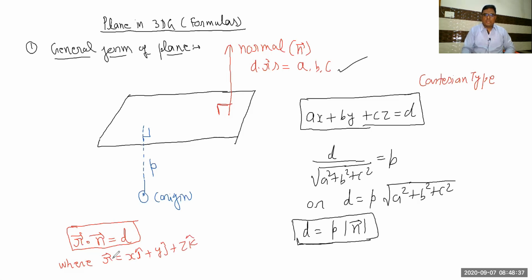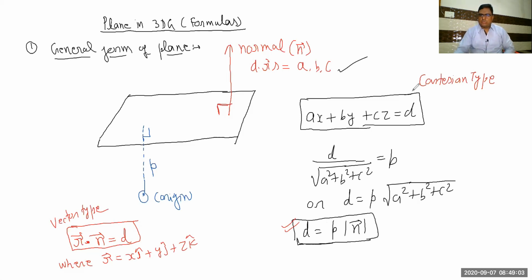It means r vector denotes general point of the plane, and n vector is the normal vector of the plane, and d is same as I told you here. So our formula number one is complete. This formula is called general form of plane, and general form of plane can be further divided into categories: Cartesian type, and this one is vector type.